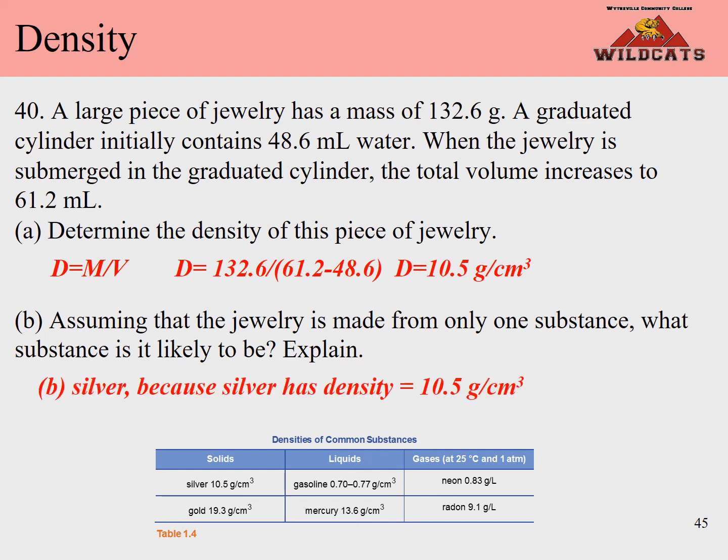What we're going to find is our jewelry is silver because silver is 10.5 grams per centimeter cubed. The other interesting story is that once Archimedes figured it out, he yelled Eureka, and as the story goes, he ran down the street naked because he'd figured out that the king's crown was not pure gold. Again, it's an urban legend. How much of the story is true, who knows, but it's always a fun and interesting story anyway.